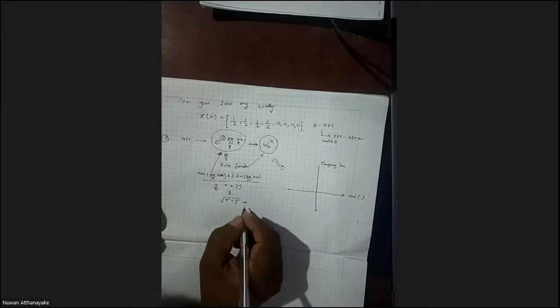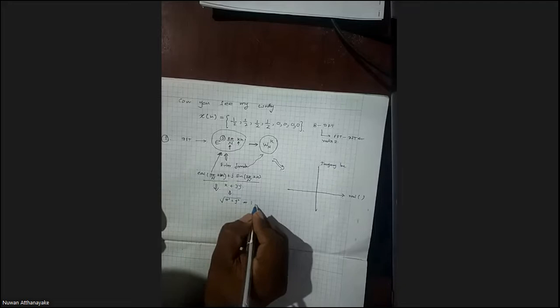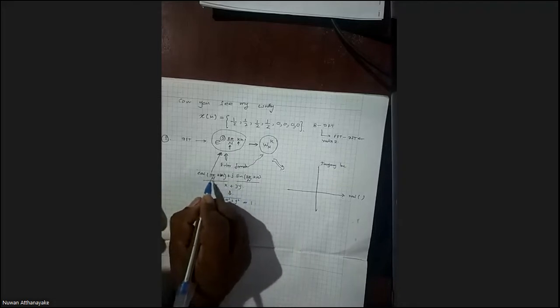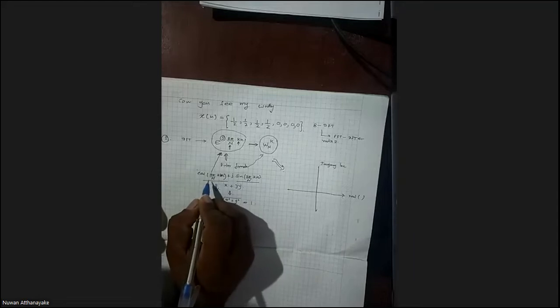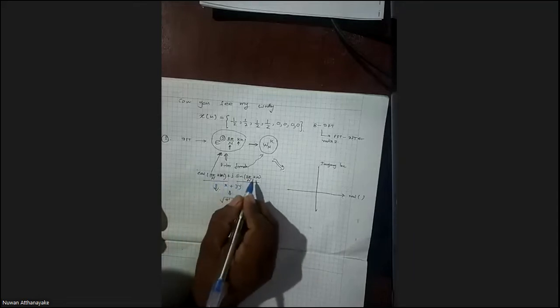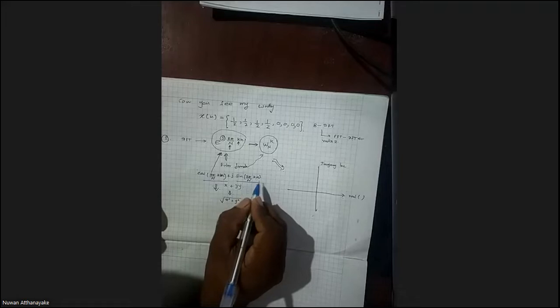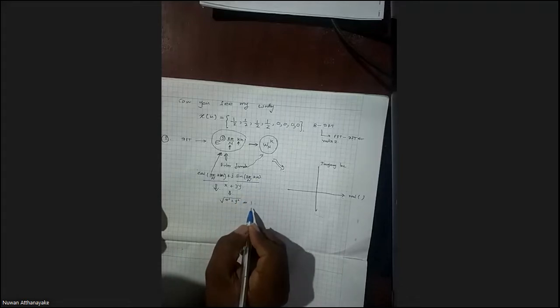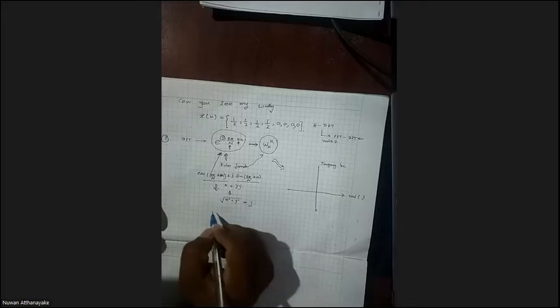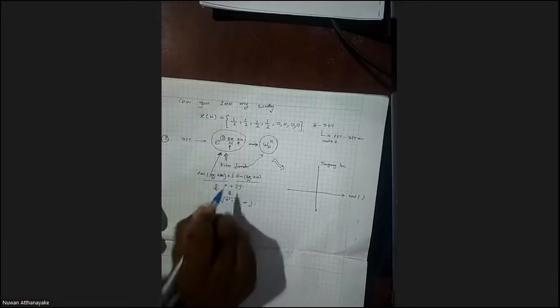Yes, it is 1, because this is a cos theta value and this is a sin theta value. Cos squared theta plus sin squared theta gives 1, and the square root of 1 is again 1. So the magnitude is 1 for this term.